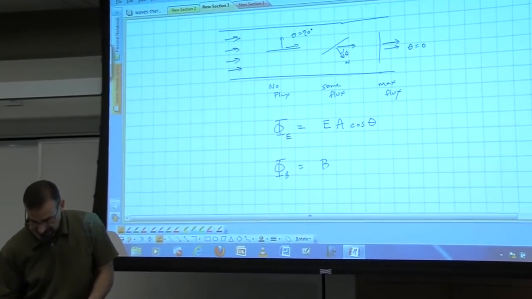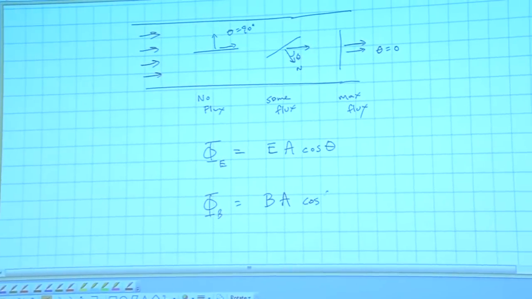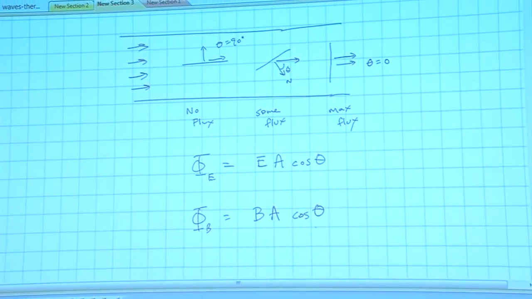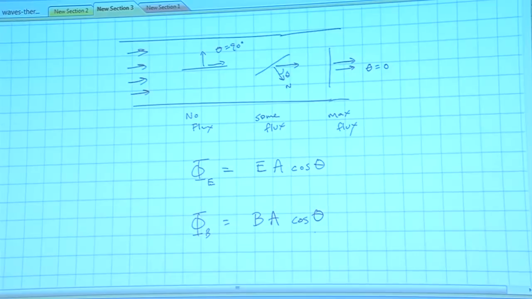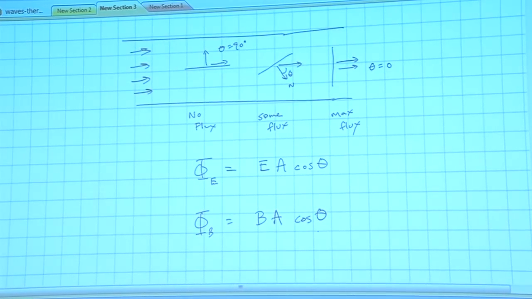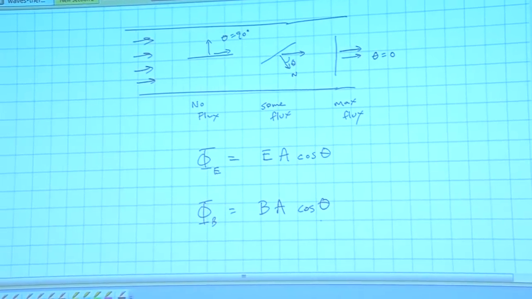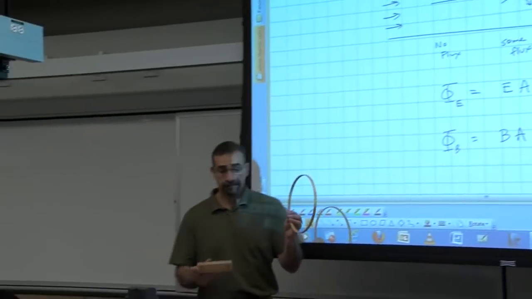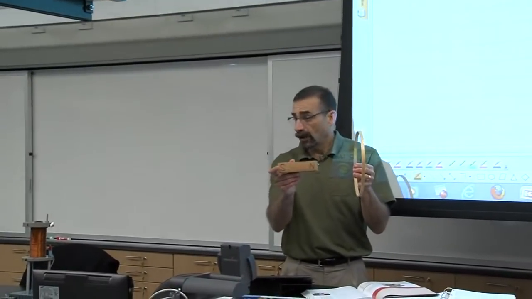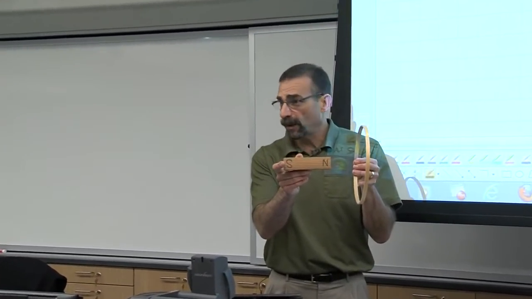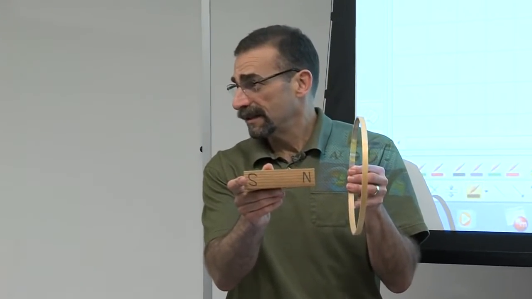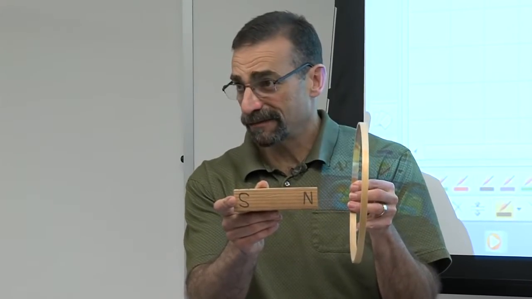The magnetic field, the area, cosine of the angle between them. So we get a magnet, get a loop of wire, hold the magnet next to the loop of wire, there's lots of flux, right?